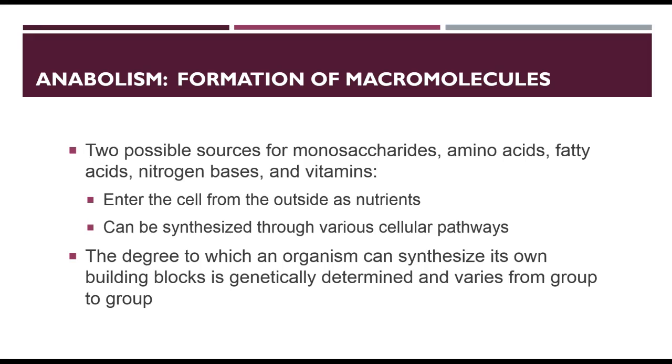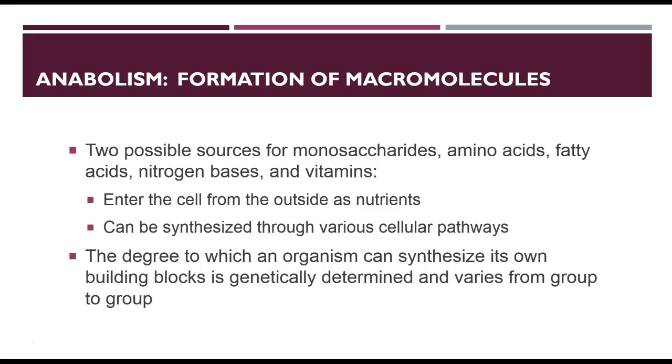So anabolism, as we've talked about before, is building larger, more complex molecules from smaller molecules. There are 2 possible sources for monosaccharides, amino acids, fatty acids, nitrogen bases, and vitamins.